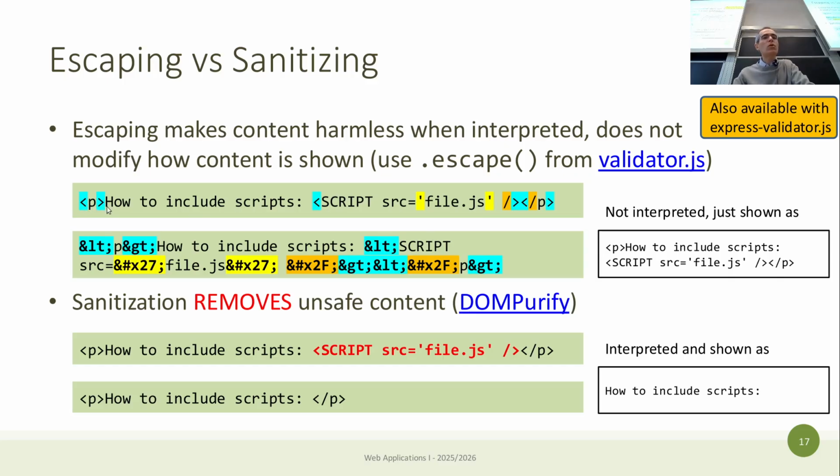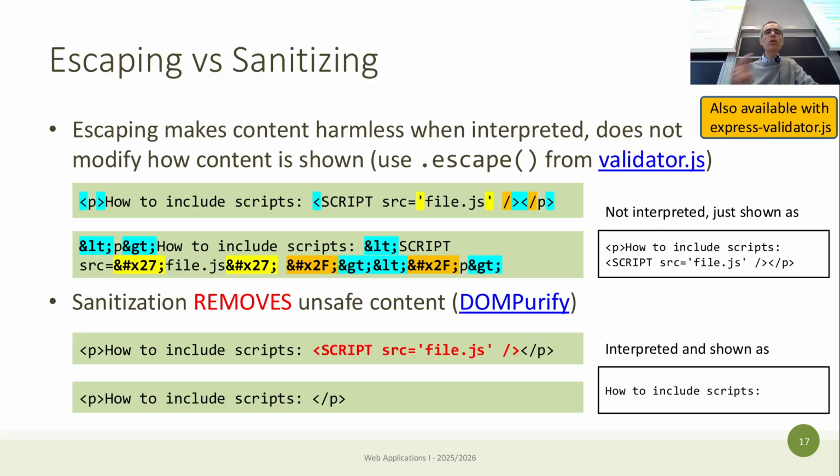So the tags are transformed to avoid execution, and all the special symbols, so slash, quotation marks, less-than, greater-than signs, and so on, are just transformed. So you're safe to put it anywhere in your web page. The appearance is the same, the content remains the same, it's just that the browser doesn't execute it because it doesn't recognize it as HTML code.